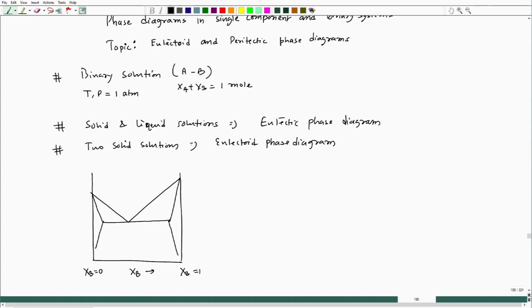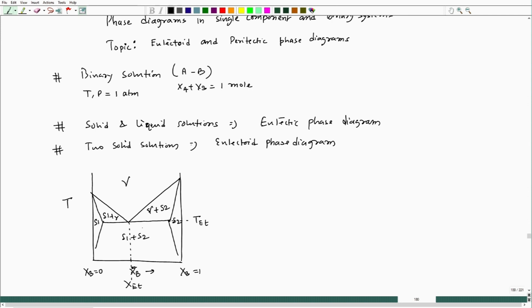So, this is typical temperature versus composition, this is gamma, this is S1, this is S1 plus gamma, this is gamma plus S2, this is S2, this is S1 plus S2, and this composition is X ET, because eutectoid we have marked it as ET, and this temperature corresponds to T ET, that is eutectoid. So, this is the typical eutectoid phase diagram.